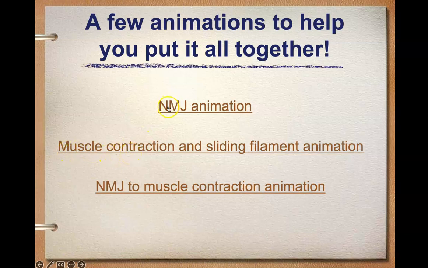This one takes that to the next step and shows you how that impacts the shortening of the sarcomere. And this one takes you through the whole process and puts these two together. Let me know if those animations are helpful, or if you are still really struggling and it just doesn't make sense to you, then please see me.